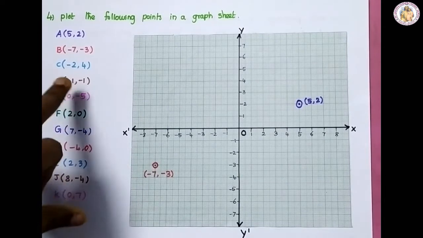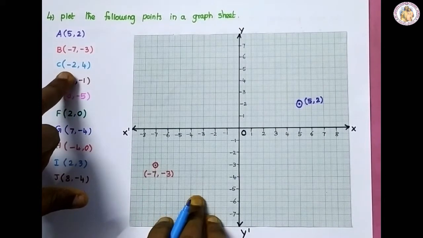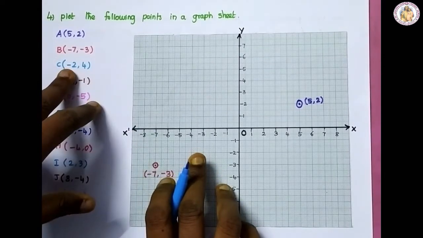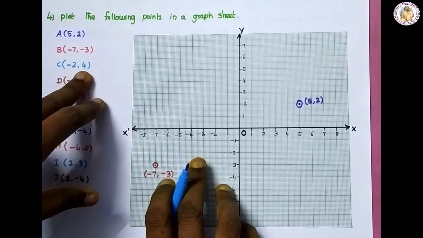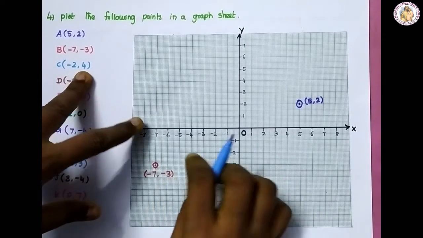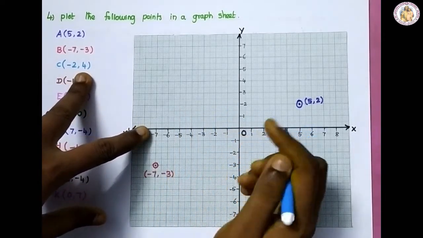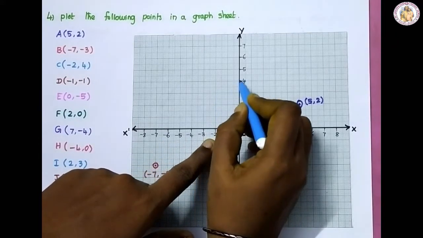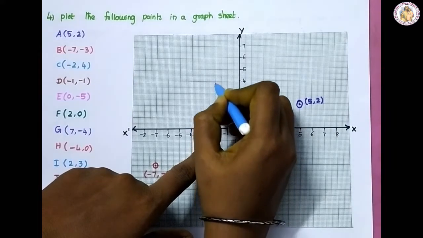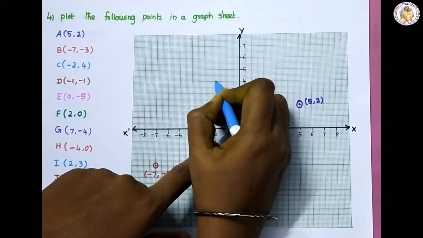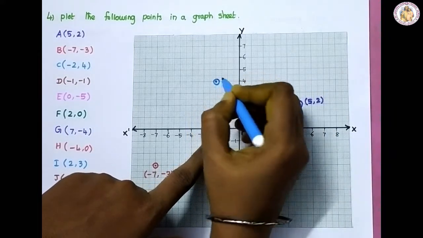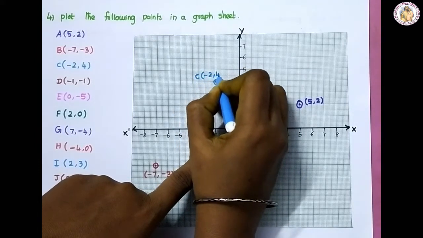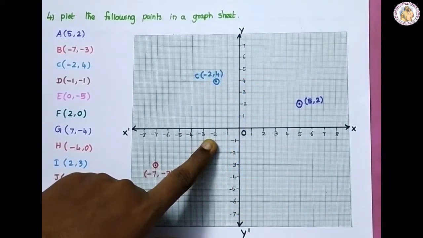And then C, minus 2 comma 4. Minus 2, x-axis minus 2, y-axis plus. So which quadrant is this? Second quadrant, minus comma plus. So minus 2 here and here plus 4, this point, that is C, minus 2 comma 4.